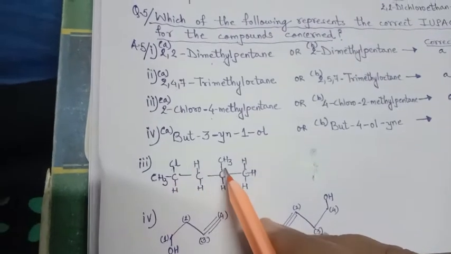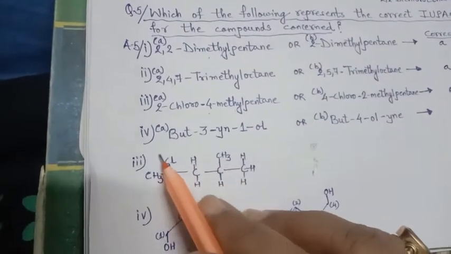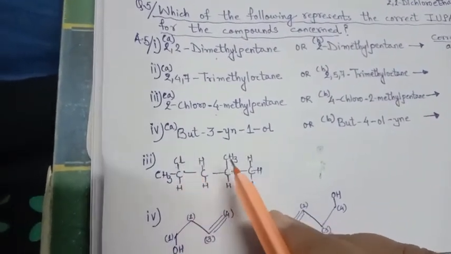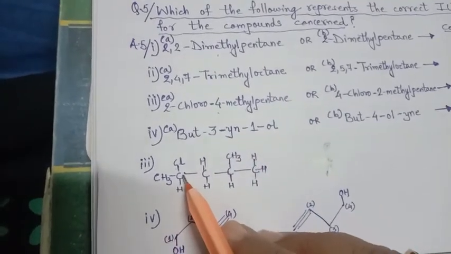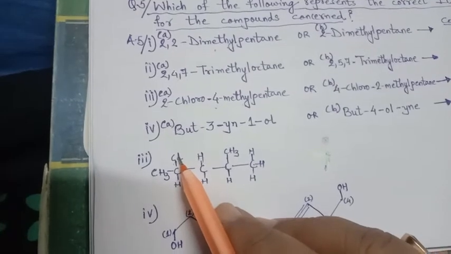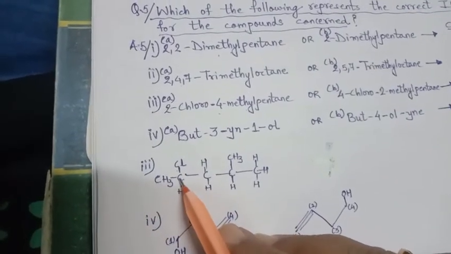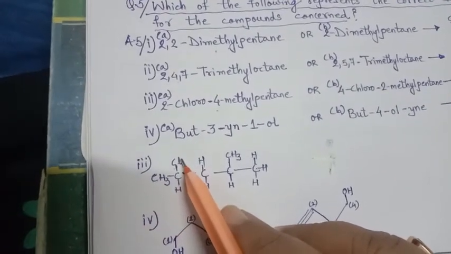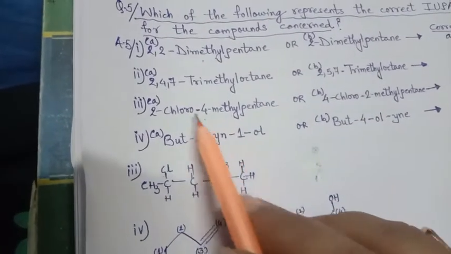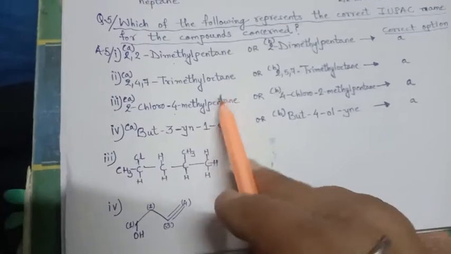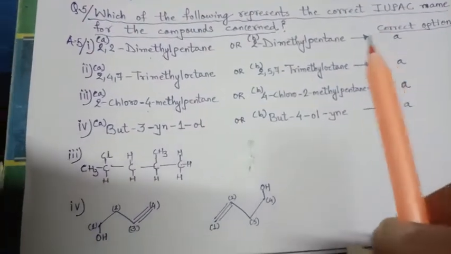But if only alkyl and halogen are there, then halogen will be the functional group and this will be the substituent group. So position will be counted from the functional group. So it will be 1, 2. So 2-chloro, 3, 4, 4-methylpentane will be the correct name. So in this option also A is the correct one.